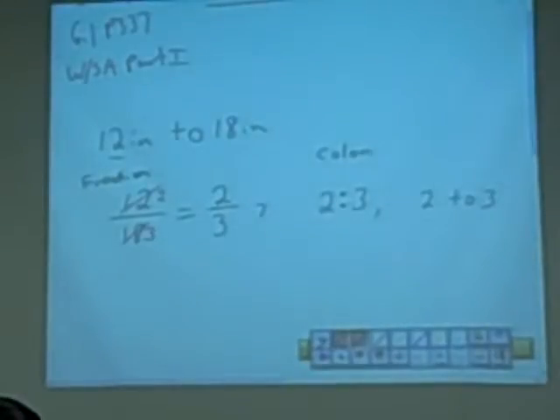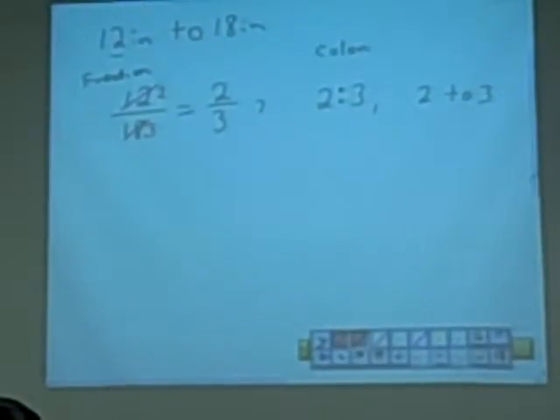Alright, so for these, the larger number is not always the second one. Sometimes the larger number can come first, such as 50 to 6.